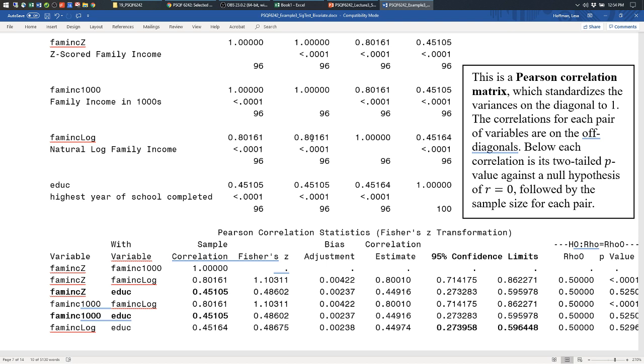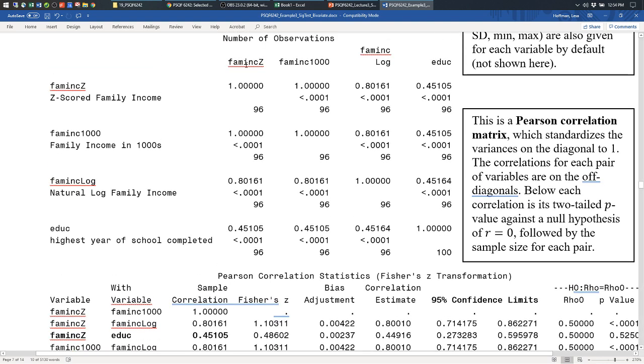So a correlation of 0.45 between education and income means what? A little noisy, but there's a signal there. Which way does it go? Positive.